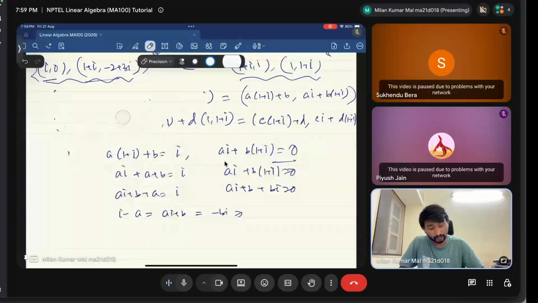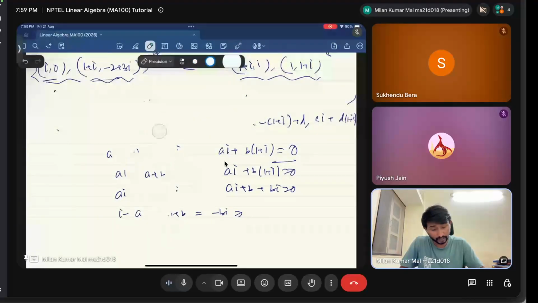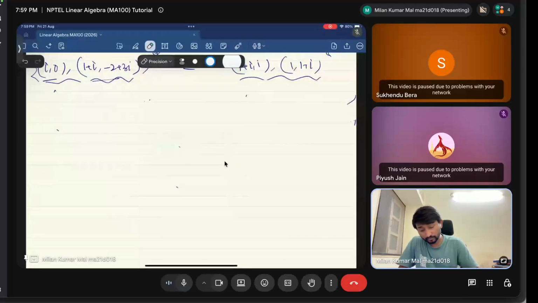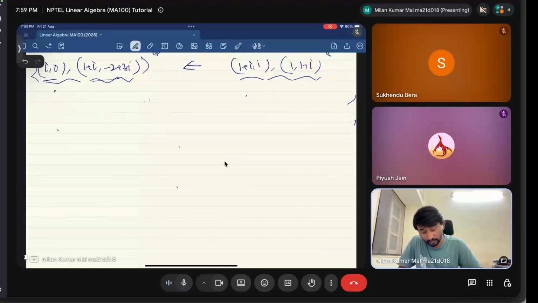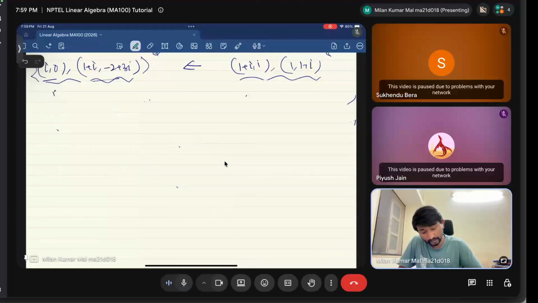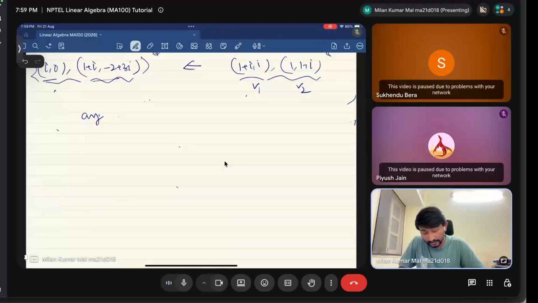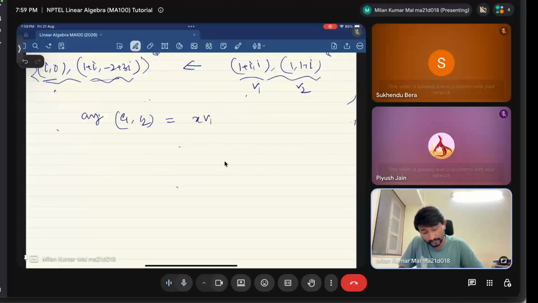This way I think will be easier, but okay, let's go to the standard process. Whatever I'm trying to do this way will also be easier, but that will be too risky. So let's take this as v1 and this as v2. I want to find any vector c1 comma c2 that can be written as x v1 plus y v2.